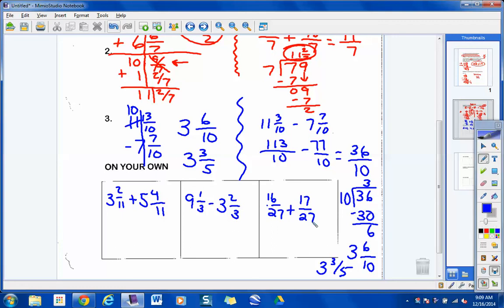There's 5-3 notes over there and a 5-3 quick quiz, all right? All right, good luck.